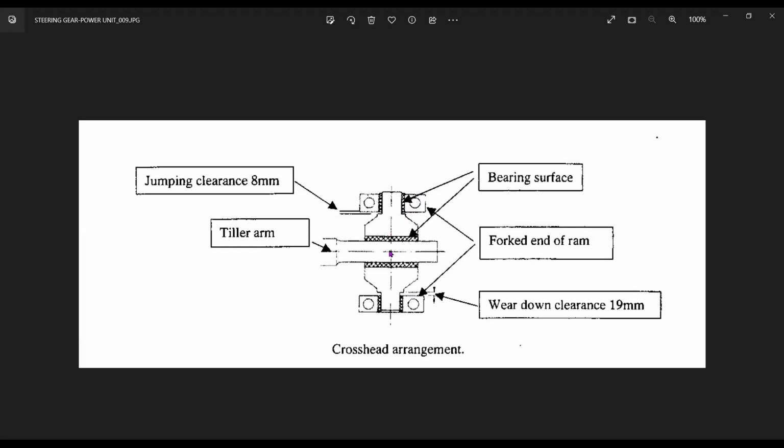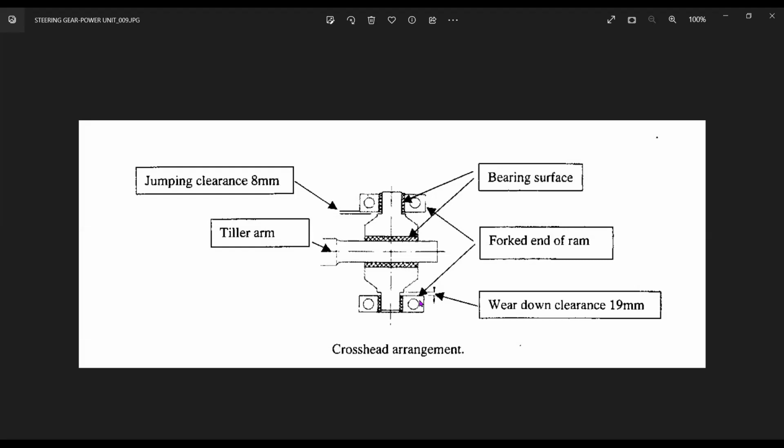So you have the tiller arm which is solid and the rams are forked. Okay, forked. So as the rudder carrier bearing wears down, you have to give adequate clearance on the bottom side for the wear down. Otherwise, this crosshead will go and touch the rams.